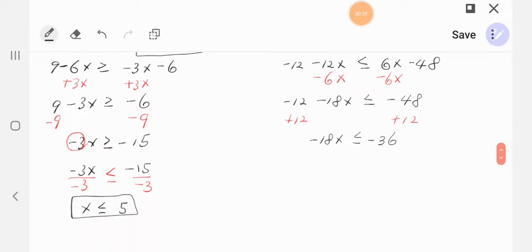So as you can see, this number is negative, right? So we want to divide the inequality by a negative number. So when we divide by negative, what do we do? Good. Flip the symbol, right? So let me rewrite this. Negative 18x, negative 36.